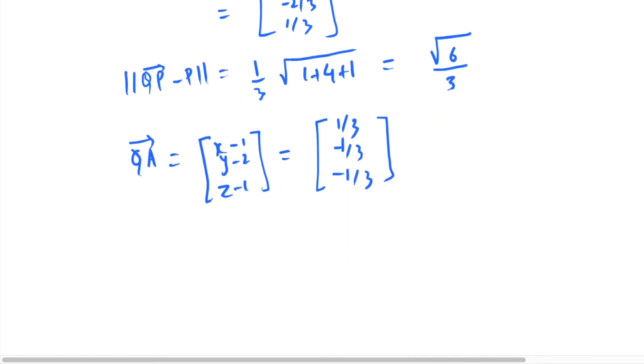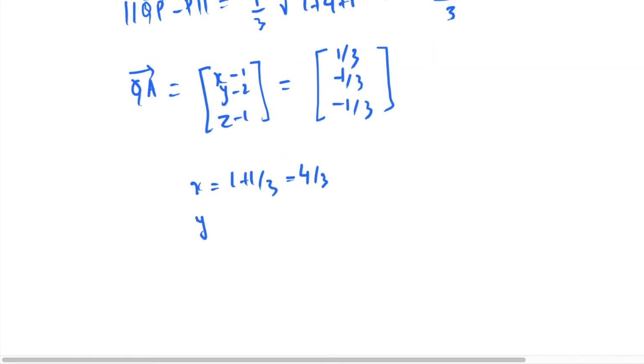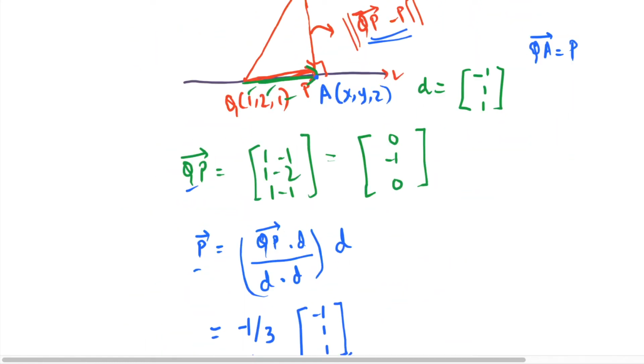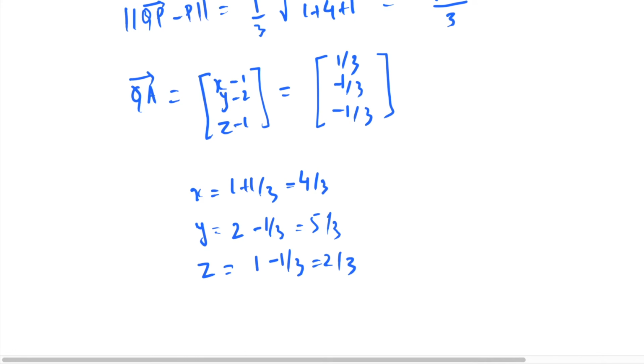Which basically means that x is equal to 1 plus 1 by 3, which is equal to 4 by 3, and y is equal to 2 minus 1 by 3, which is equal to 5 by 3, and z is equal to 1 minus 1 by 3, which is equal to 2 by 3. So the point on the line that is closest to the point 1 1 1 is this point.